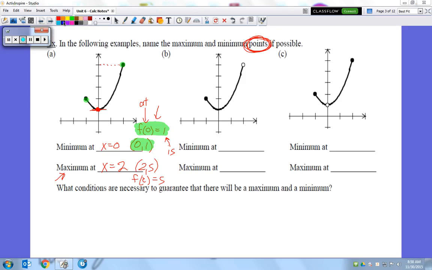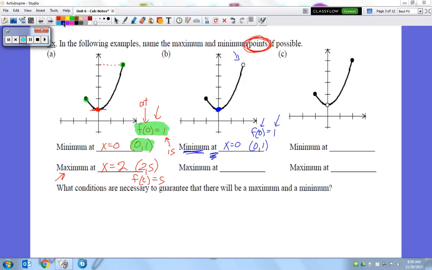Our second example is closed on the left, but it's open here on the right. So what is the minimum? The minimum will still occur at x is equal to 0, right here. It's still (0, 1) as far as a point, otherwise known as f of 0 is equal to 1. So the minimum equals 1 occurring at x is equal to 0. I want you to understand the subtleties in that because depending on how the question is asked, you'll have to answer certain ways.